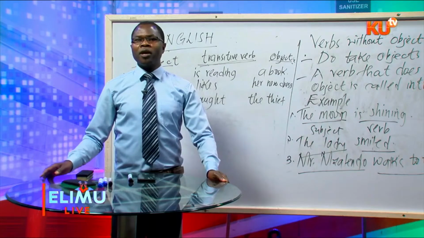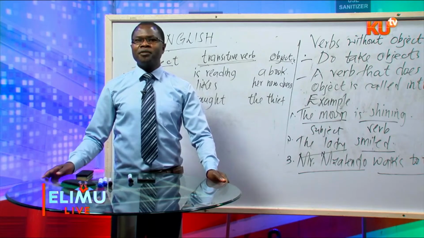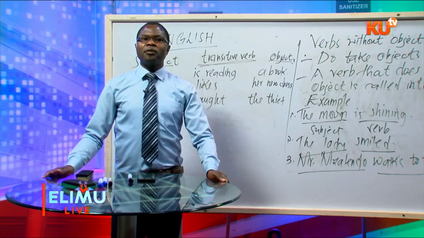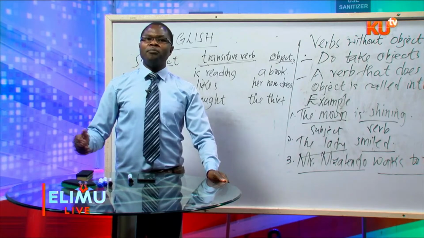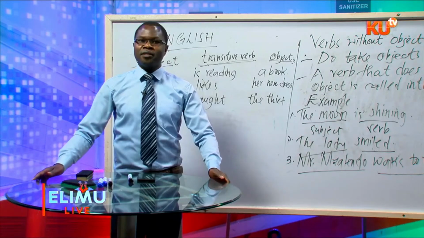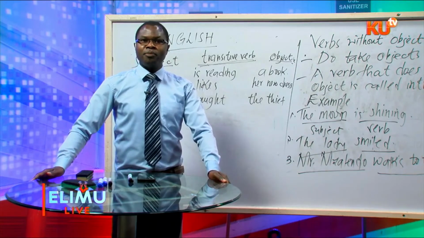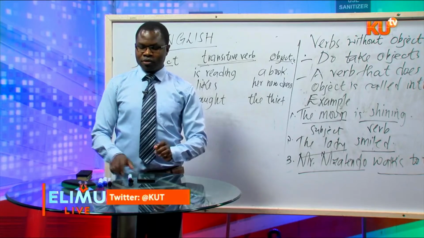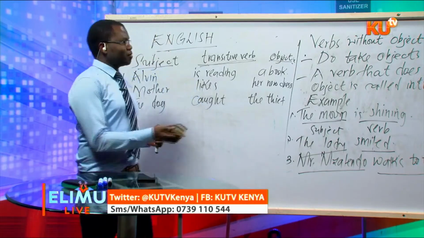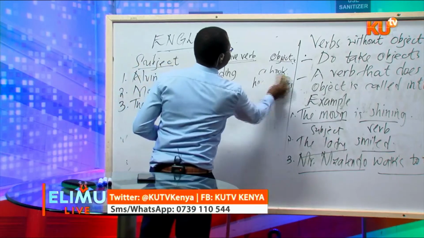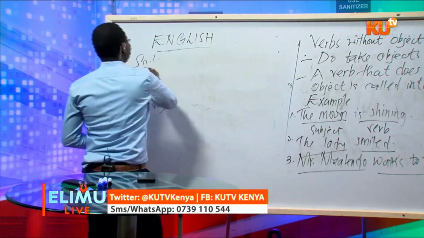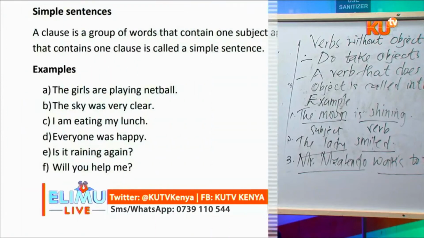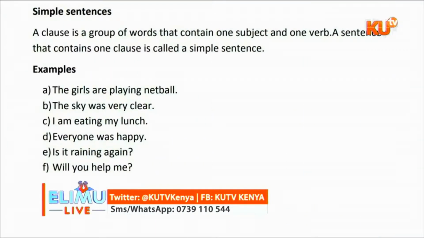"I did do my work," a mixture of verbs and all that. Whenever these learners speak and they come to school, they must go through systems that can help them speak good English. So I want us to look now at simple sentences, the basic ones where we can communicate in a very simple way so that we avert that.